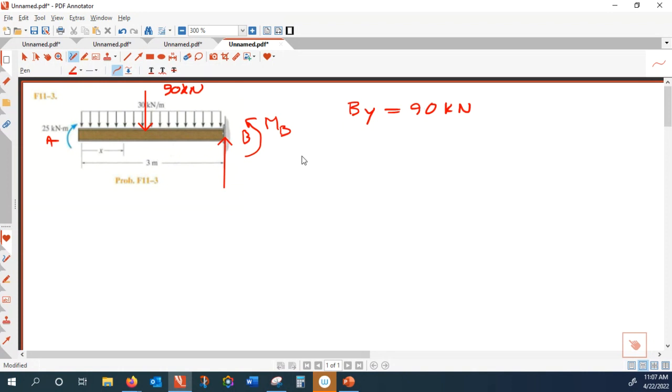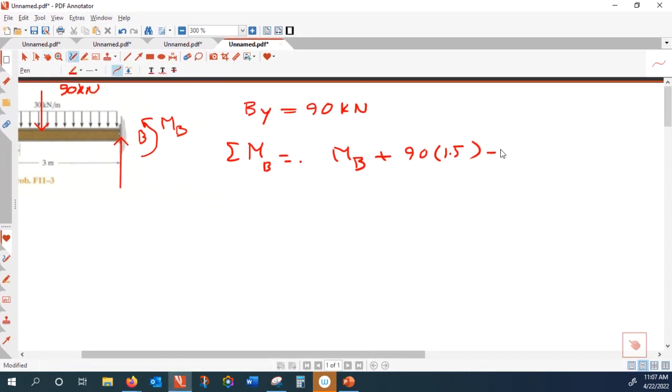And then to find out the M of B, we take sum of rotation with respect to B equal to 0. That is M of B plus 90 times 1.5 minus 25 is equal to 0.